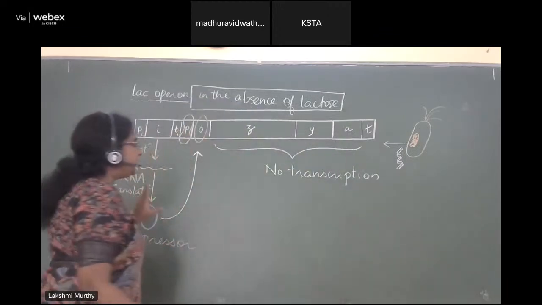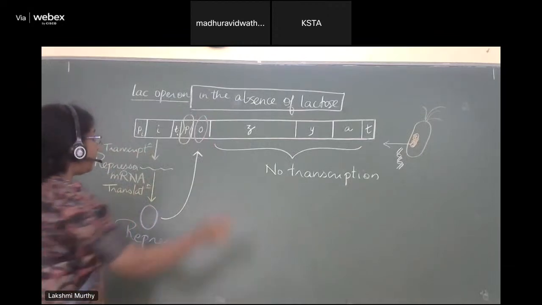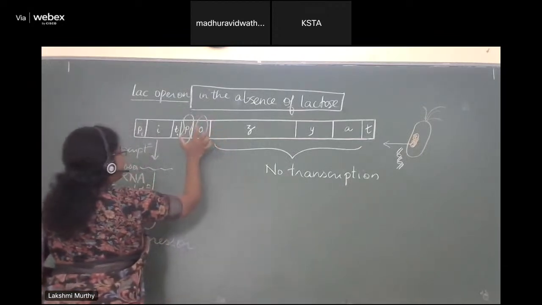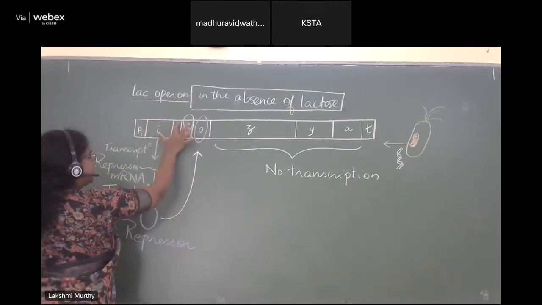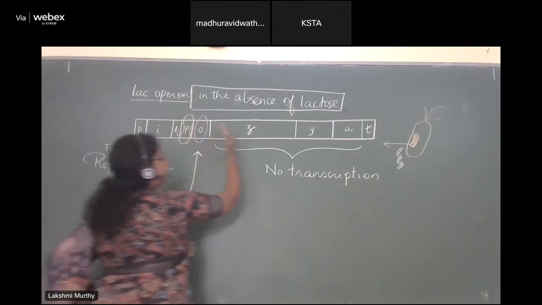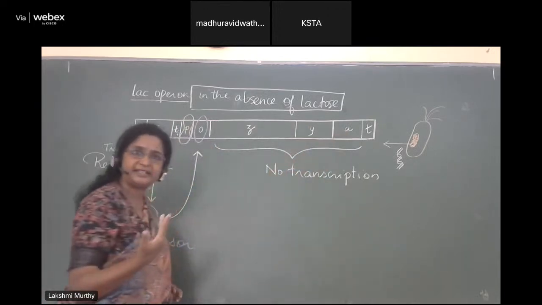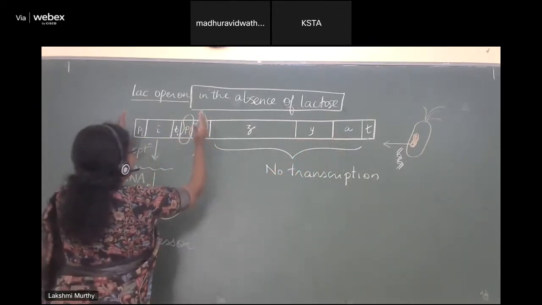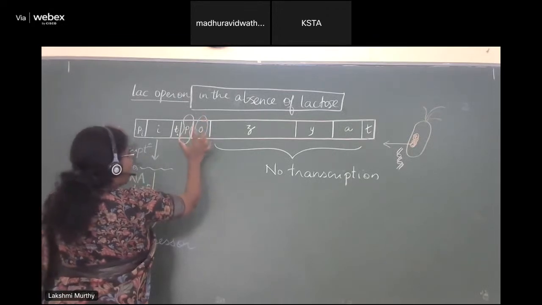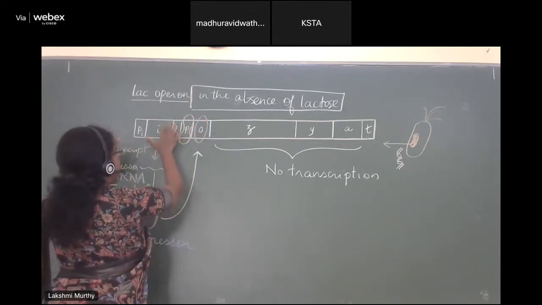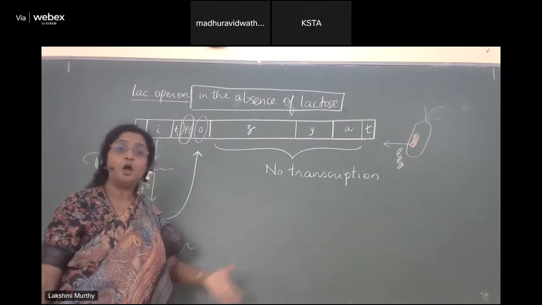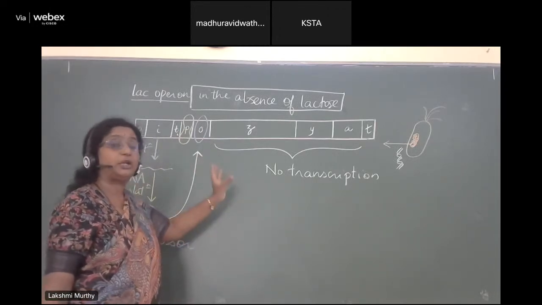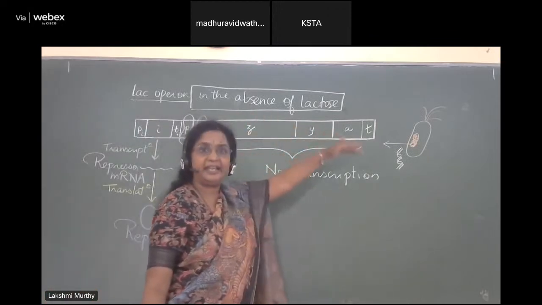Right. Now, the next question is, because the operator, regulator, and its own promoter and terminator are controlling the way ZYA are going to get expressed, we call this set of genes, the operator gene, regulator gene and its own promoter together, the regulatory sequences of ZYA.